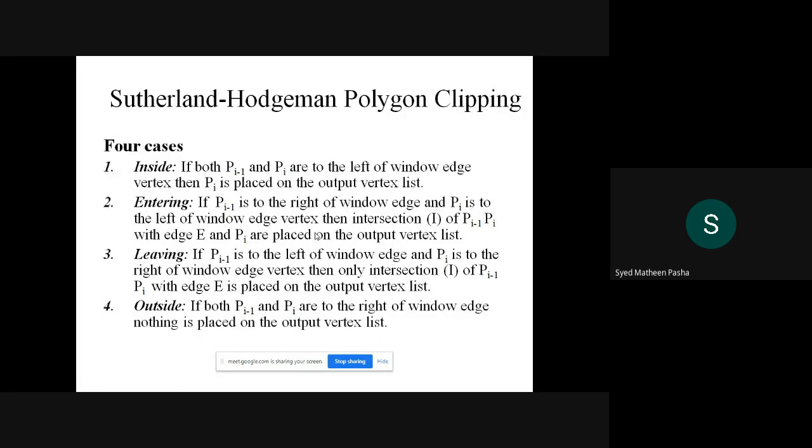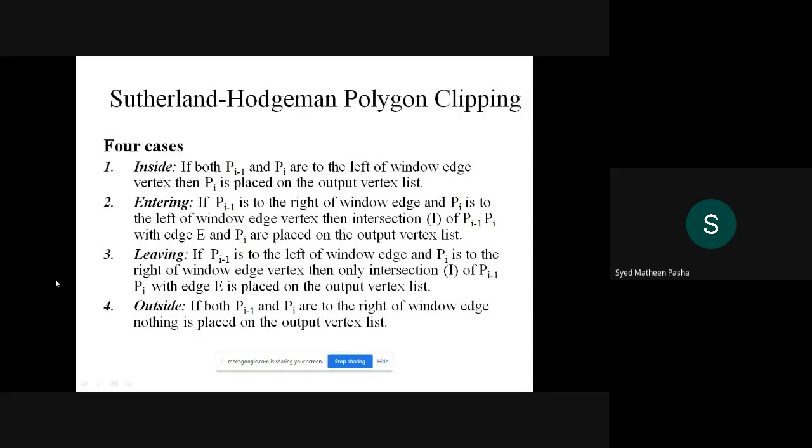Suppose the line is in the left part of this window, this case comes into consideration. If the entering line, the line which is almost inside the window, is in the intersection part, then it will be considered as the line which should be clipped, or which should be considered.